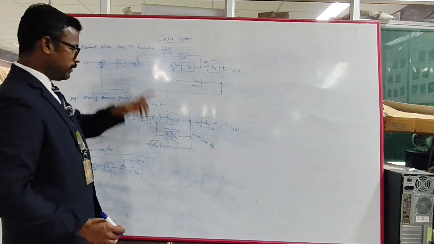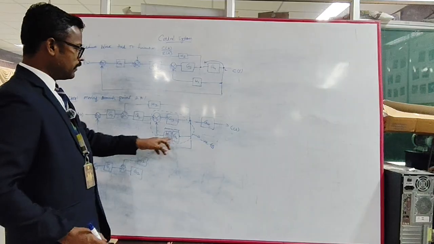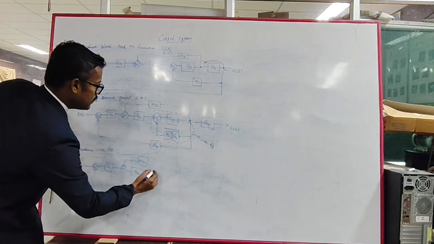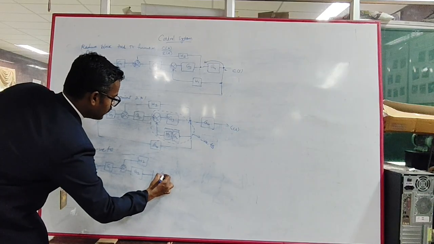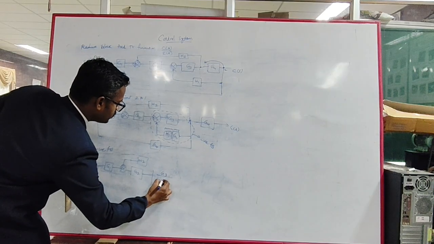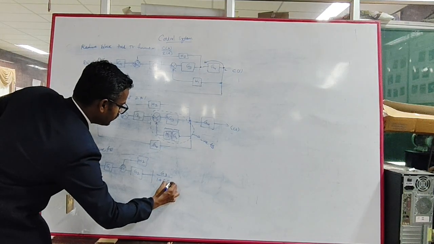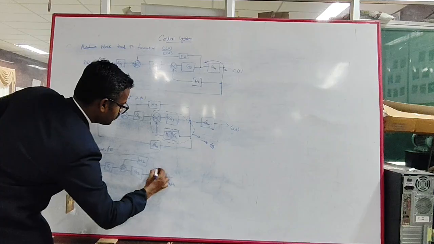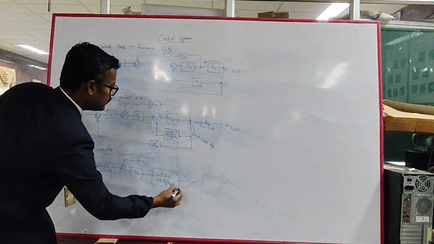So before that it will be reduced into a simple one, that is H1 into G4. Okay, so what is the formula for feedback reduction? It is forward path gain G3 divided by 1 plus feedback path gain. Okay, 1 plus G3 G4 H1. This is reduced like this.